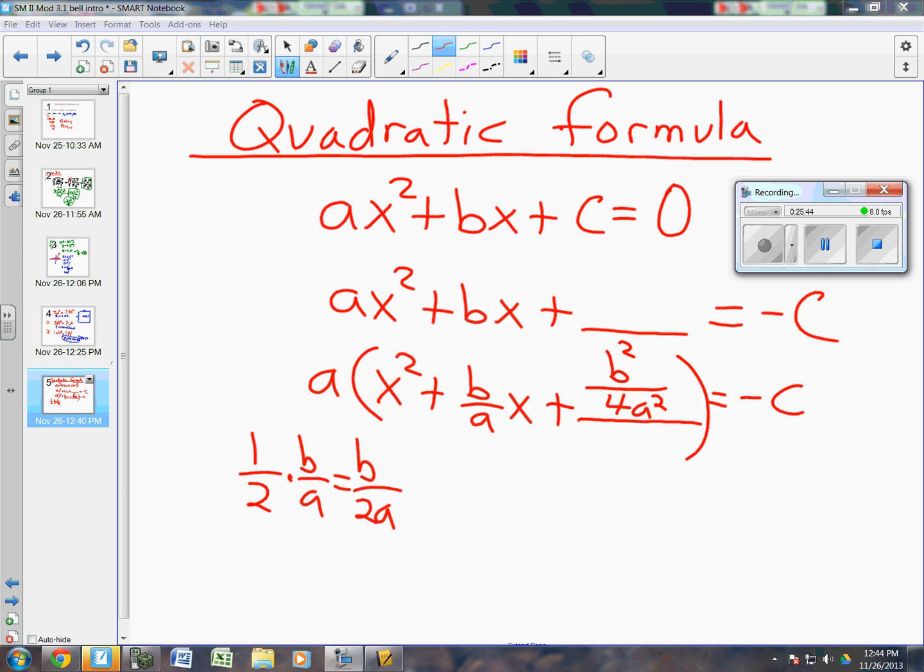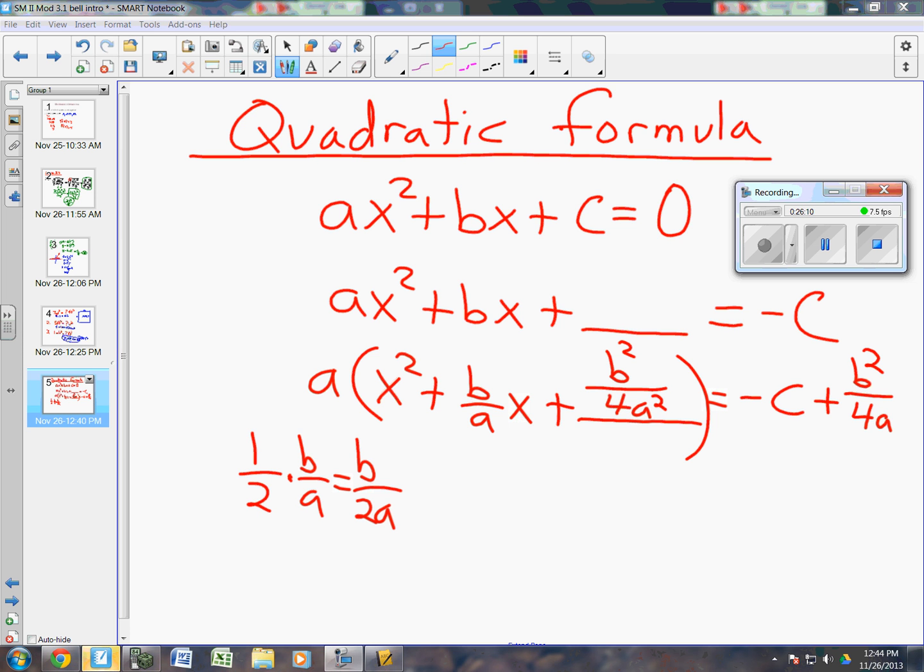But I have to multiply that a back in because it's really a times this, right? Well, if I times this a by this, the a on the top will cancel with one of them on the bottom. So really, I added b squared over 4a to both sides.